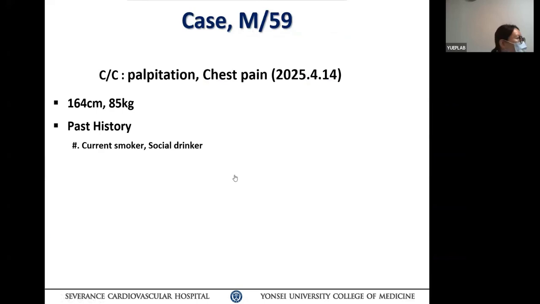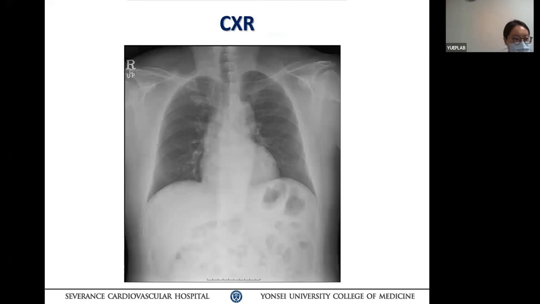A 59-year-old male, previously healthy, presented to the emergency room complaining of palpitations and chest pain. After cardioversion, the rhythm went to normal sinus. But he wanted to come to our hospital, so he was referred to the outpatient clinic. We performed a chest X-ray; the radiograph showed no significant finding.